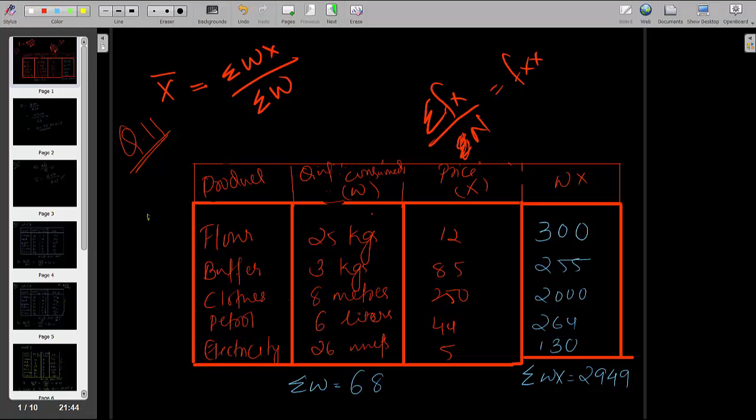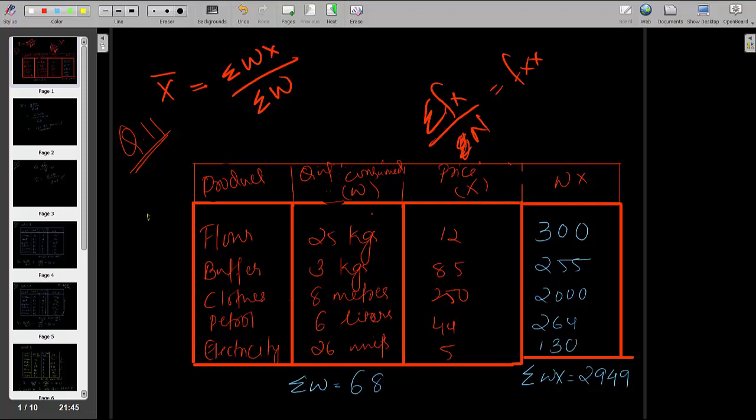Okay, in question number 11, calculate weighted mean by weighing each price by the quantity consumed. So the quantity consumed is given, the price is given, so you have to find out the weighted mean here. Similarly, the quantity consumed is the W here, and your price is X.